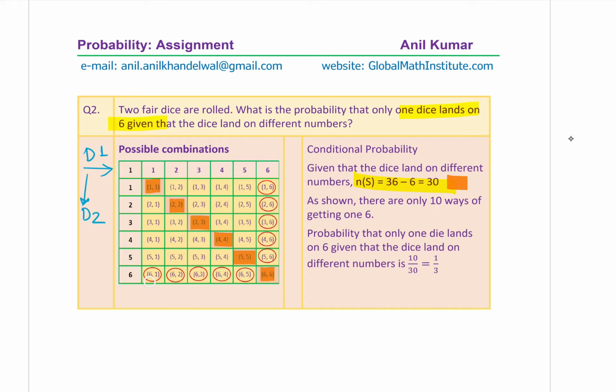You can count them: 1, 2, 3, 4, 5, 6, 7, 8, 9, 10. So it is 10 out of 30, which gives us the right answer. Is that clear to you? This method really helps. So 10 out of 30 show a 6 when both dice have different numbers.